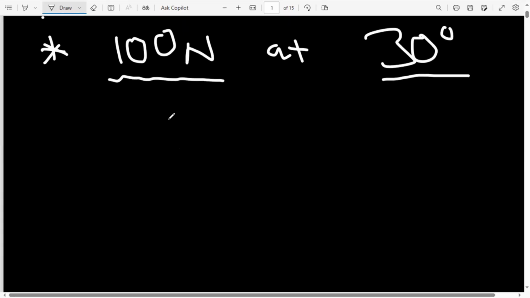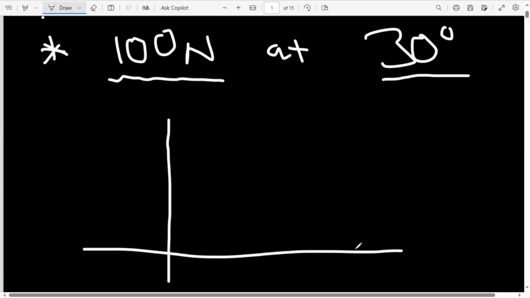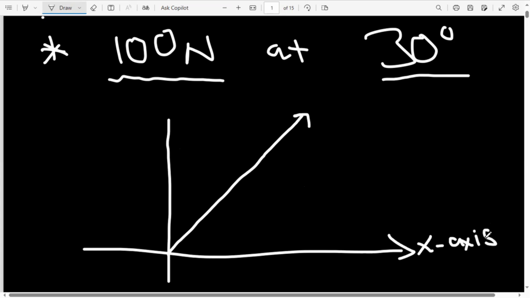Let me draw my x-y plane here. If they say 100 Newtons at 30 degrees, the vector is somewhere here, and this is our positive x-axis. Remember, in vectors we always read the angle from the positive x-axis.